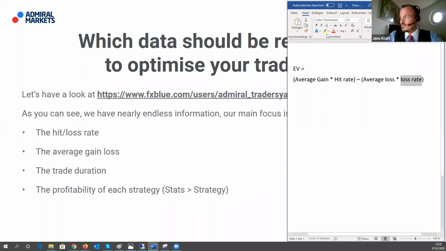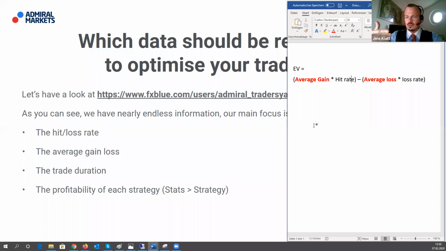The reason can be found within the expectancy, or the expected value, because here you can see that every number going up in the first term, in this case the average gain, means that if you let the winning trade run and the average gain grows larger, while cutting losing trades short and thus limiting the average loss, that increases the overall expectancy of your trading.